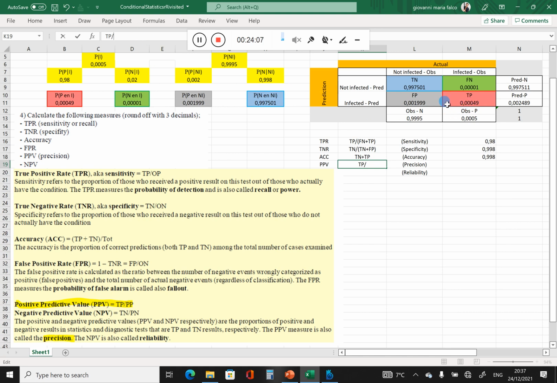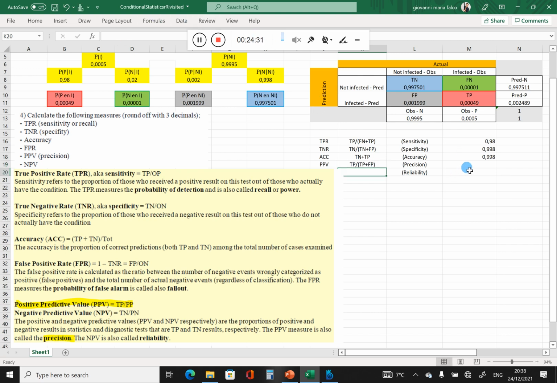So I have to divide by the true positive plus the false positive.